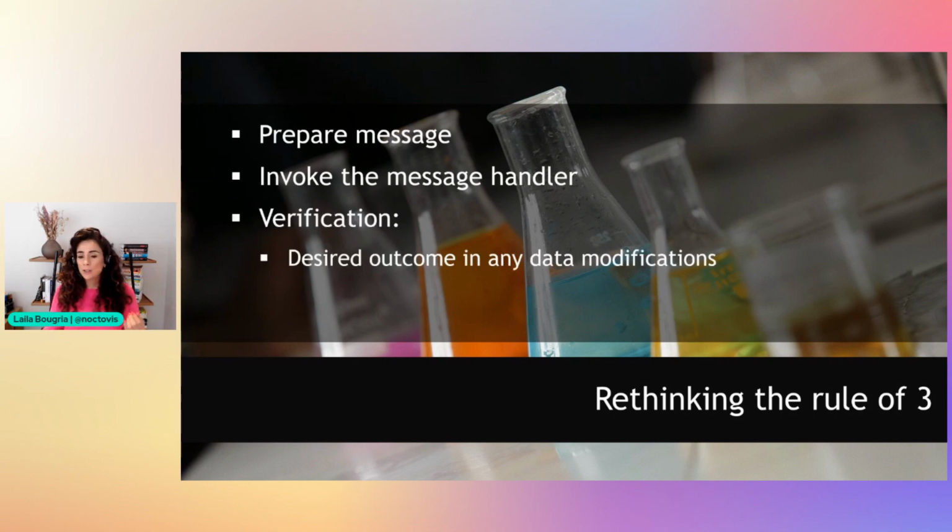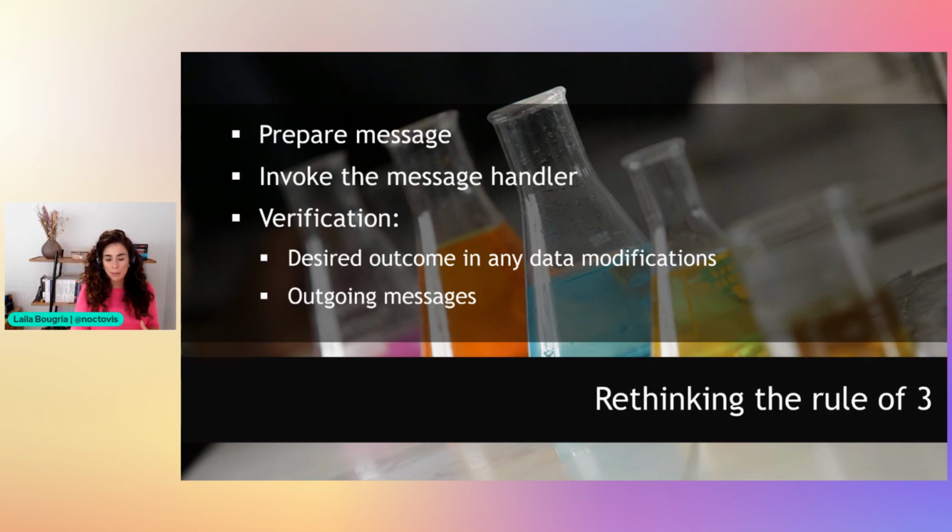And it's the verification phase where things get a little bit more interesting. Because not only do you want to verify any desired outcome in terms of data modifications or maybe API calls or whatnot, but you specifically want to verify all of the outgoing messages that were sent or published as part of handling this specific message. Because if you think about it, if you go back to our traditional monolithic applications, that would be calling a next method, right?